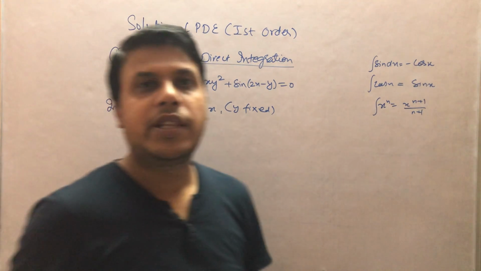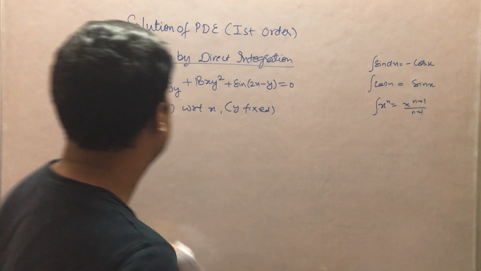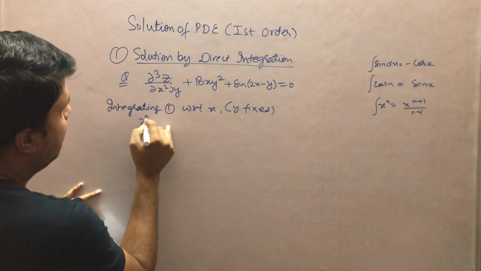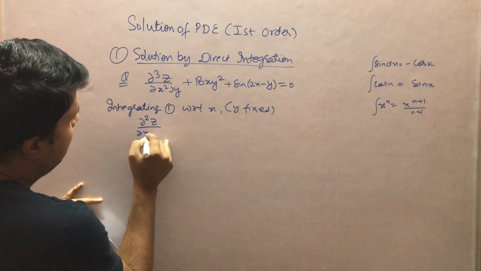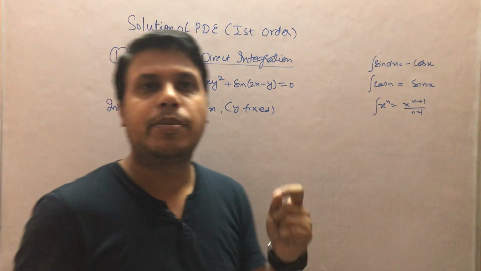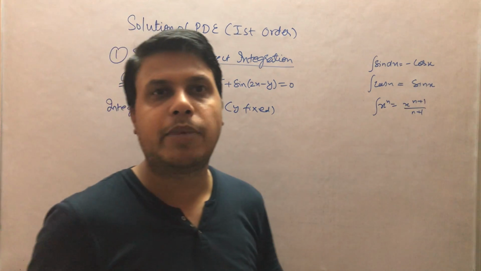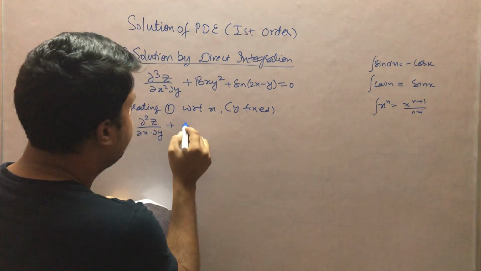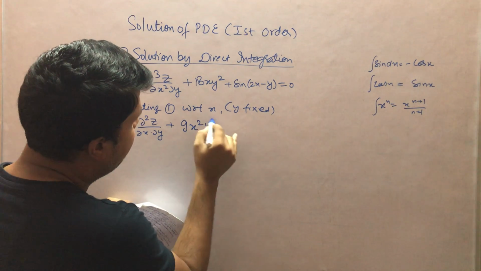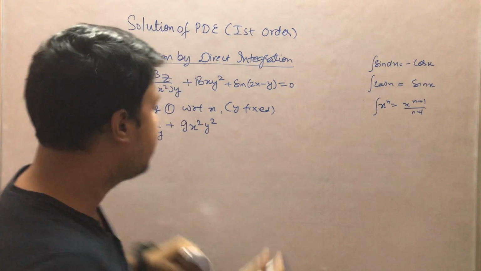When we are integrating with respect to x, we are taking y as fixed or constant. The integration of x will be x square upon 2, and that 2 will be, 18 divided by 2, we will get 9. And the integration of sin x, as I told you, will be minus cos x.